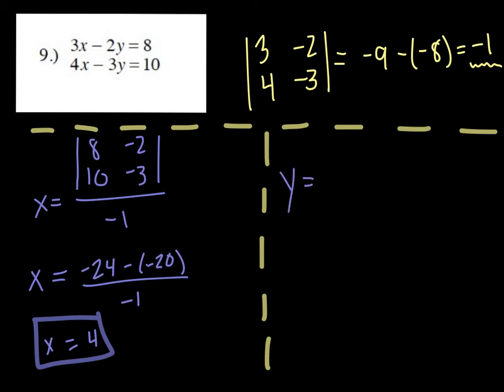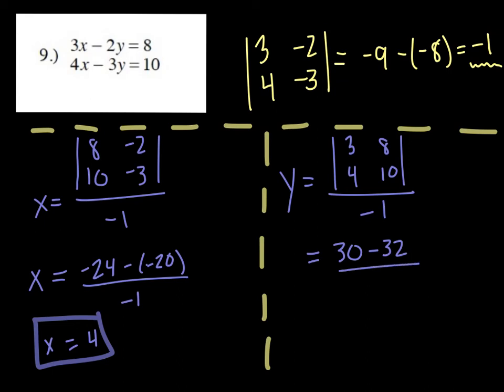So y equals, keep the x coefficients, replace the y coefficients with 8 and 10, over our determinant, which we found to be negative 1. So this will be 3 times 10, which is 30, minus 8 times 4, which is 32, over our determinant of that left side that we found to be negative 1. So y will equal negative 2 over negative 1, which will give us 2.